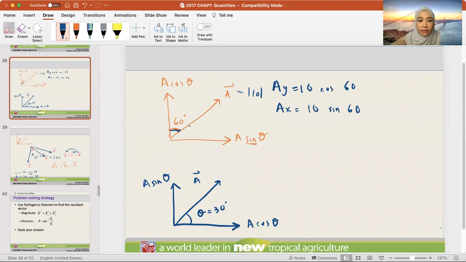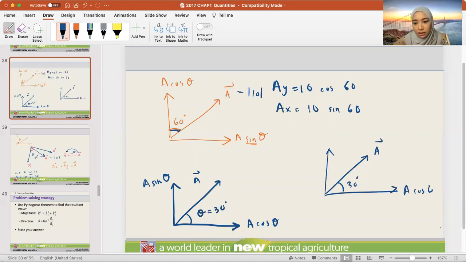But look at this, I don't like how it looks. I know it's 30 over here, so let me just write that down. So this becomes A cosine theta and this becomes A sine theta. Now my AY is A sine 30 and my AX is A cosine 30.